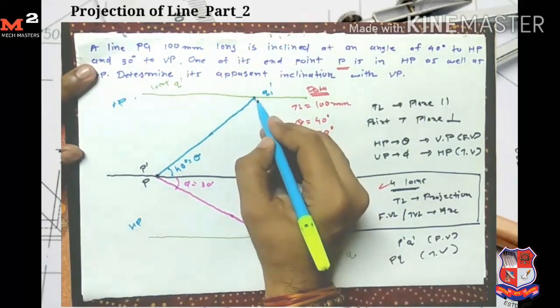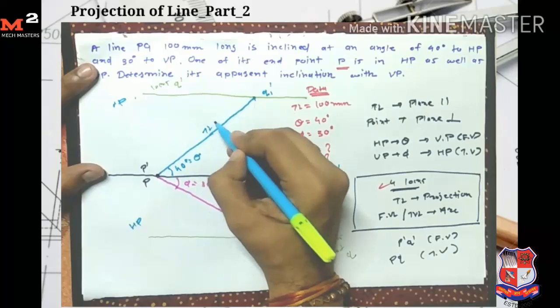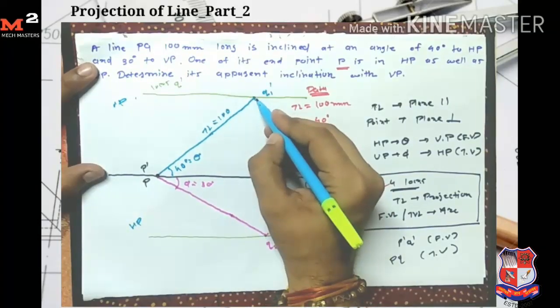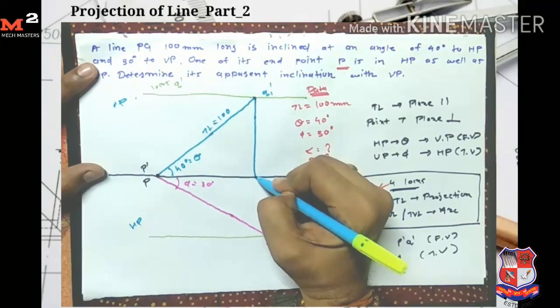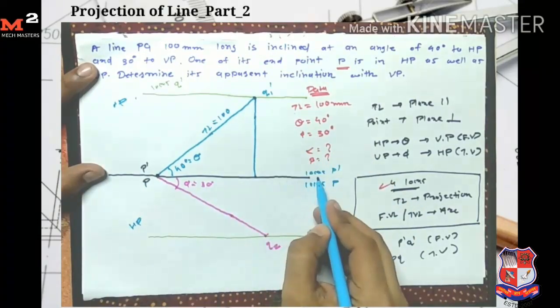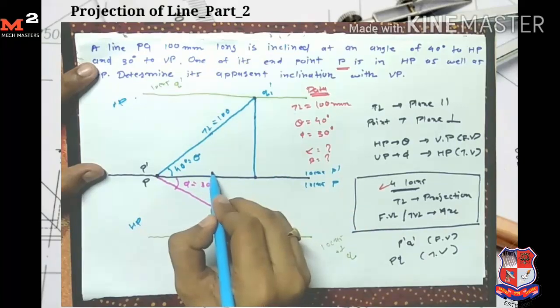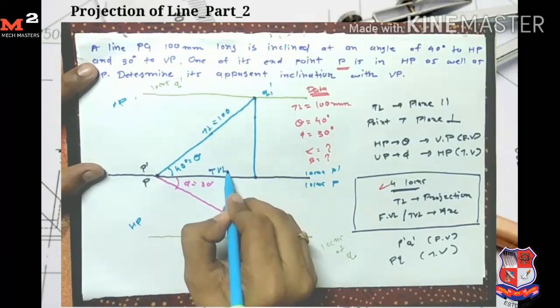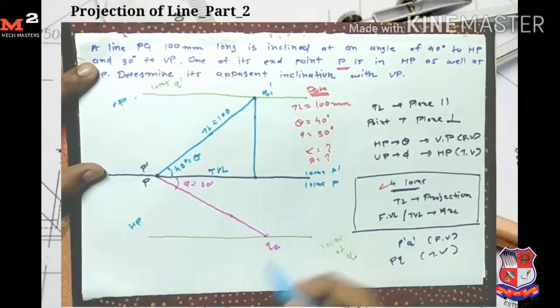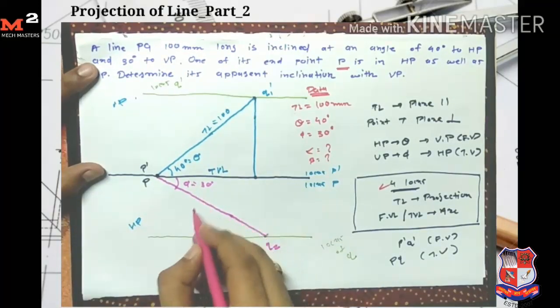Now from the Q1 dash point, this is my true length equal to 100 mm. From here I draw the projection up to the locus of P. Here I get my top view length. Now this one is also my true length.